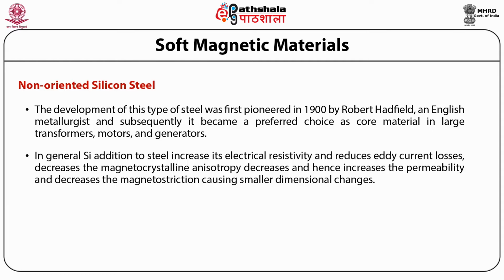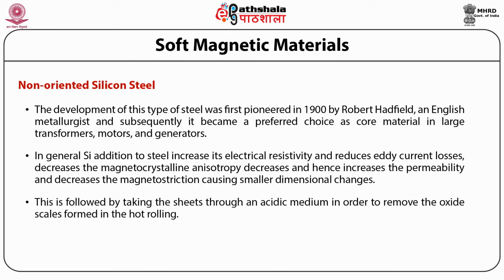Non-oriented silicon sheets are fabricated by hot rolling thick sheets to a thinner gauge. This is followed by taking the sheets through an acidic medium in order to remove the oxide scales formed in the hot rolling.